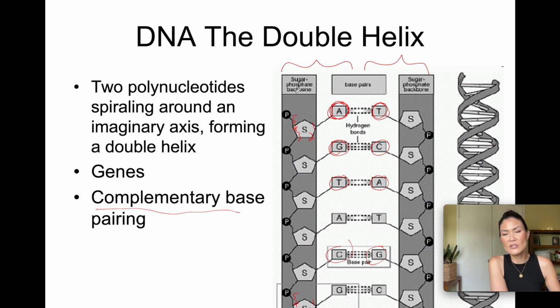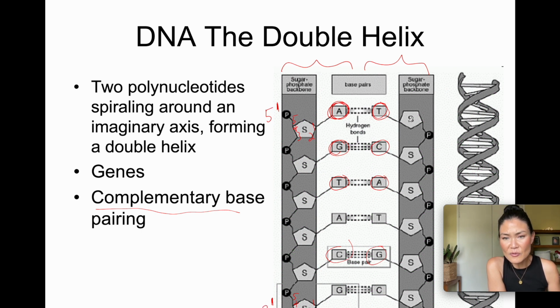The five-carbon sugar is closest to this end, so we call this end of DNA 5' because it refers to the closest carbon. Which carbon is closest to this end? The third carbon, which is 3'. So this strand of DNA is 5' on one end and 3' on the other.